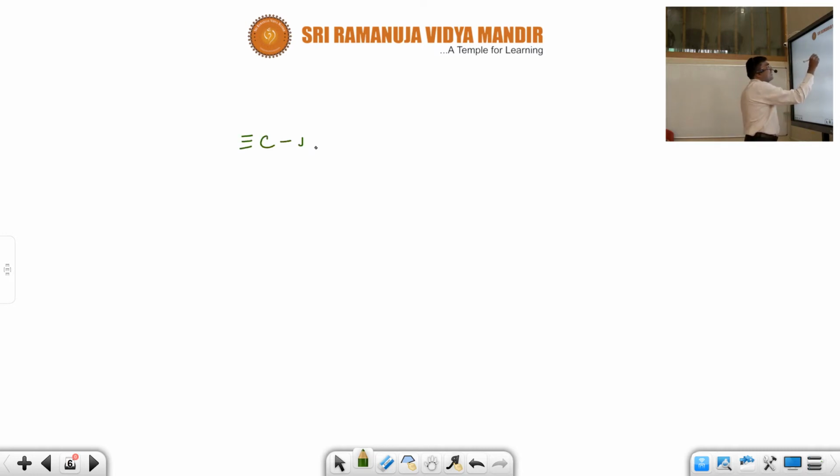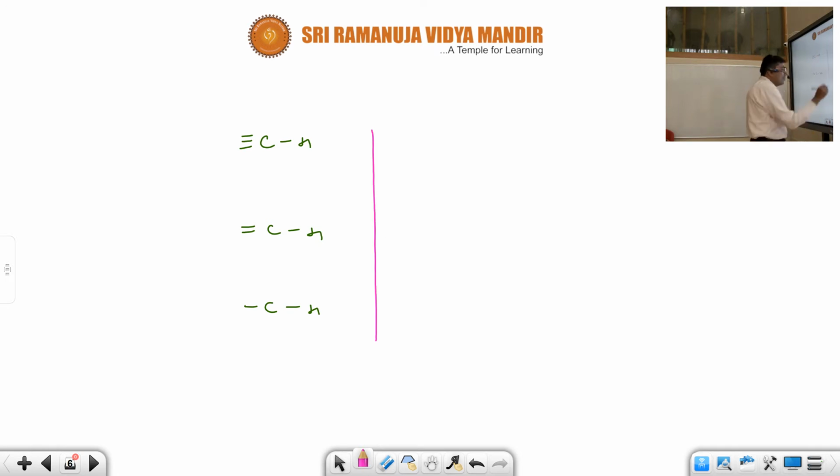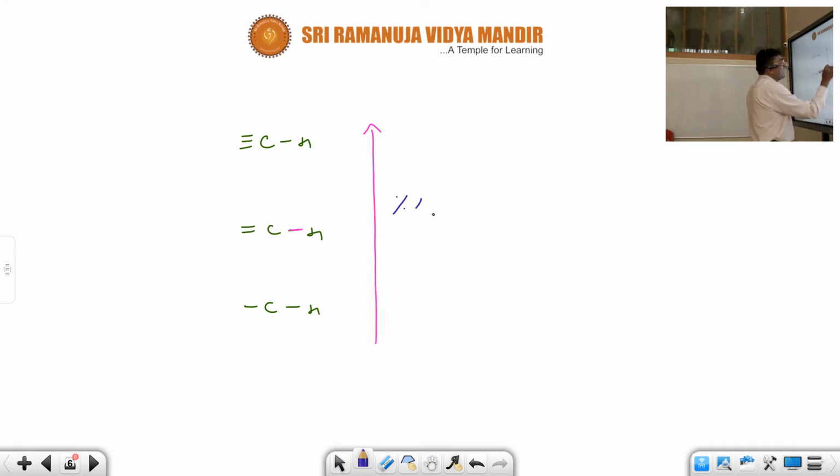For example, if you take triple bond CH, double bond CH and single bond CH. As you go up, you know very well, percentage S character increases, bond length decreases, but bond strength increases. What is it?